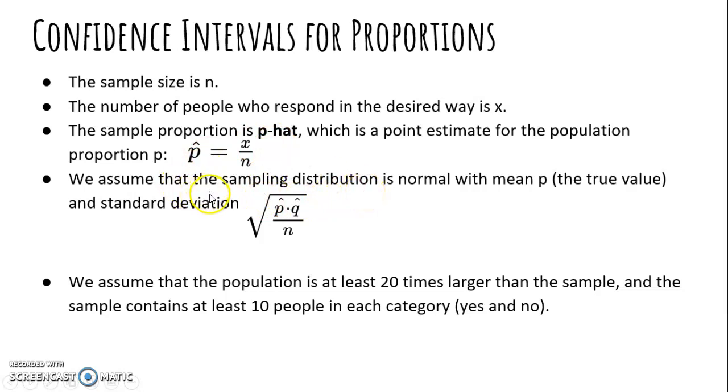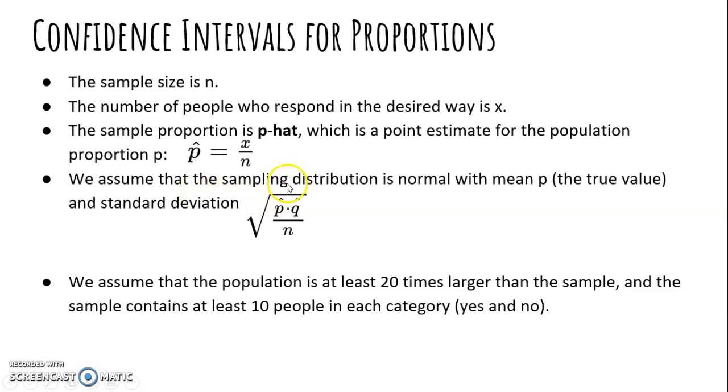So to find the margin of error, we need a critical value, which we're going back to the normal distribution, so we'll do a z. You'll find that the same way we did for z intervals, the invNorm, or you can use the table. And then we multiply that times our standard error.